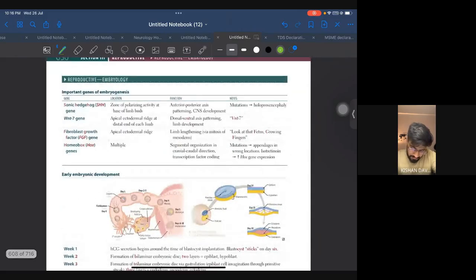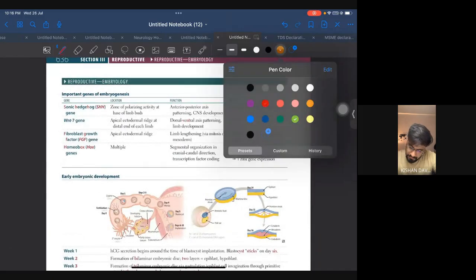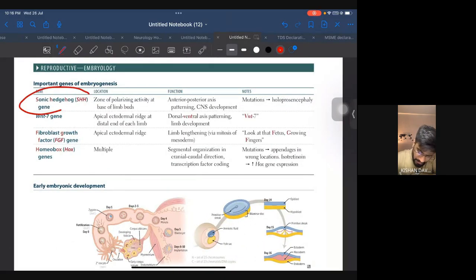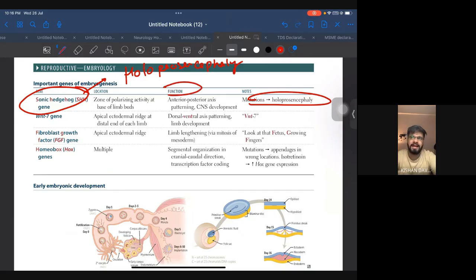First one, the genes are very important. Hedgehog, H double H. We saw this in holoprosencephaly earlier in the CNS system. Here you have to remember the names and also the function. One or two questions were there in UL regarding this, they asked about the function, so definitely you have to focus.